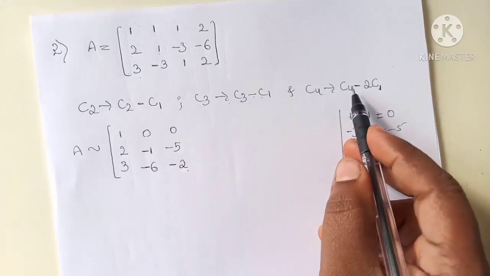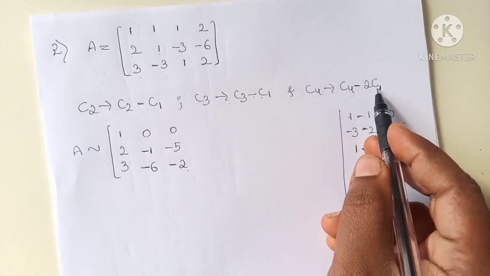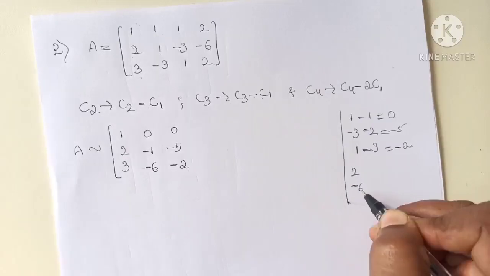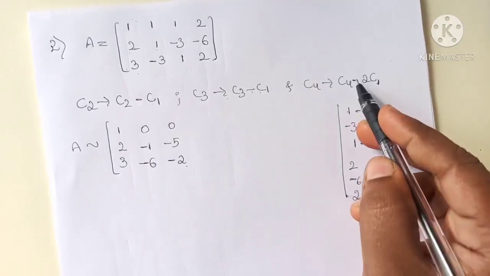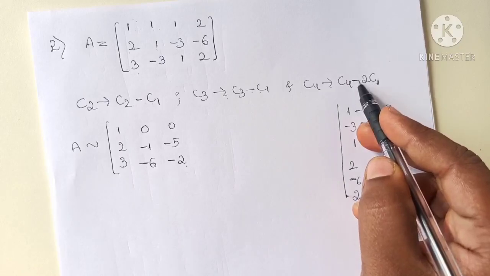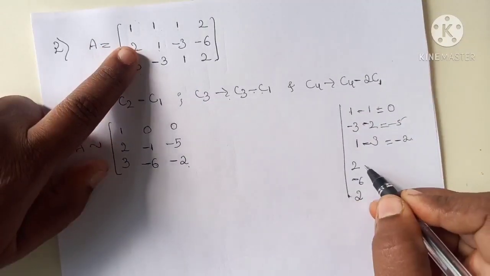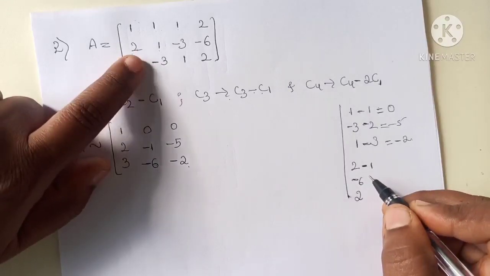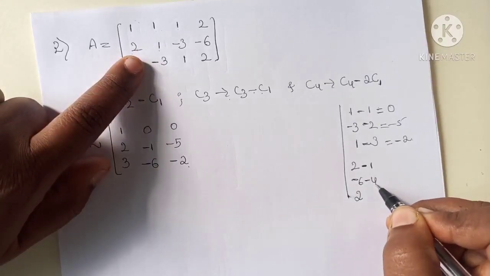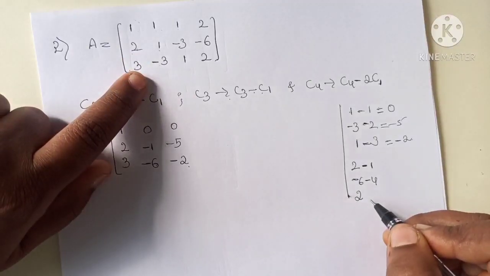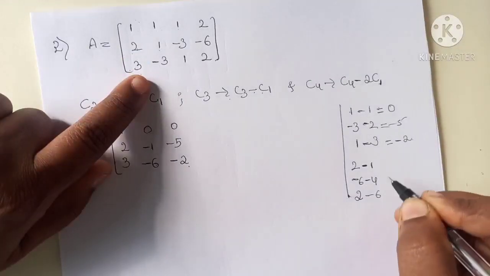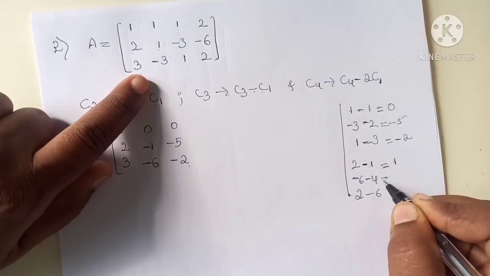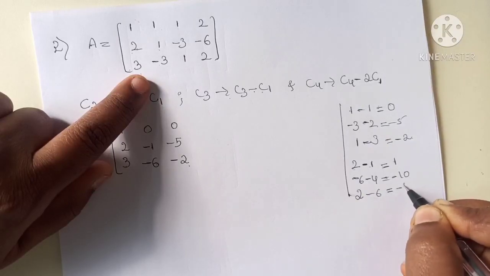Next C4 minus 2 into C1. C4 elements are 2, minus 6 and 2. Now multiplying C1 with minus 2 we get minus 2, minus 4, minus 6, and subtracting we get 0, minus 10, minus 4.